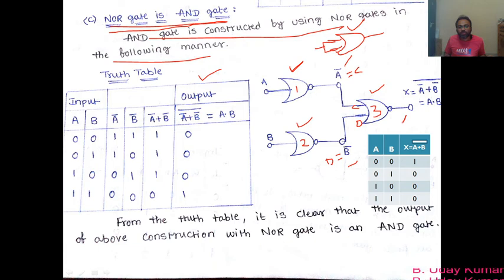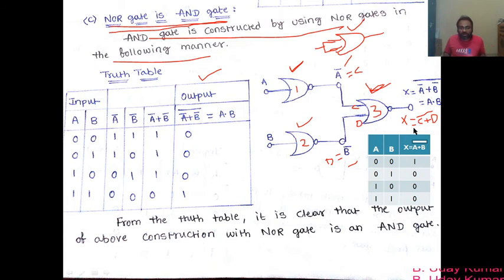Now its output I can write as, in general, if its inputs are A and B, the output is written as (A plus B) whole bar. But since the third NOR gate has the inputs C and D, I can write its output as (C plus D) whole bar, because C and D act as the inputs of the third NOR gate here.